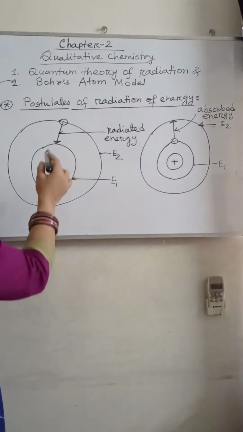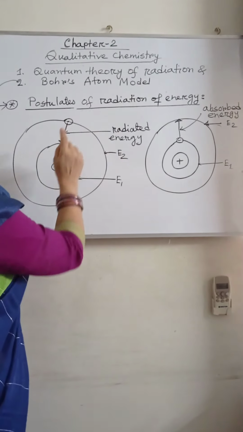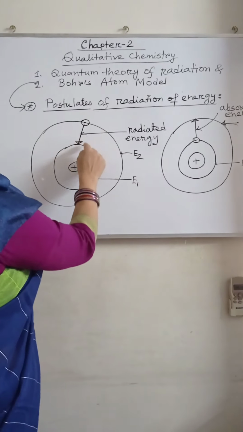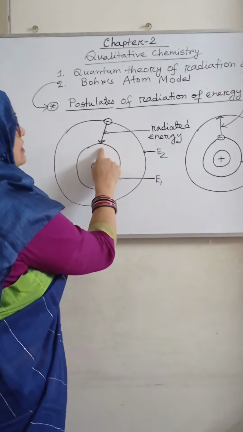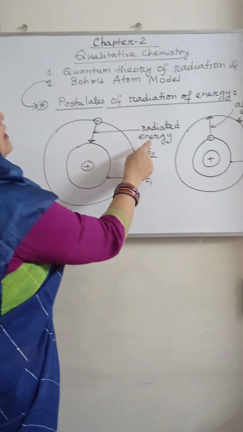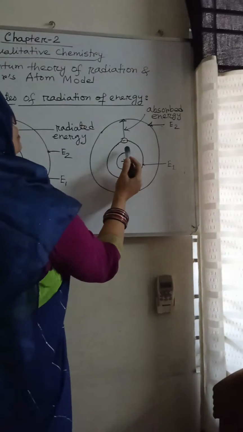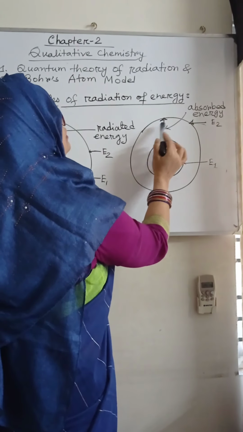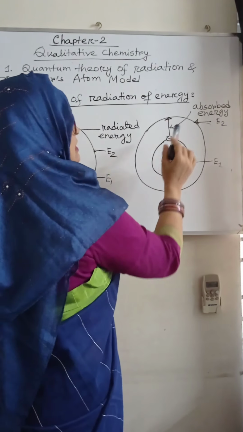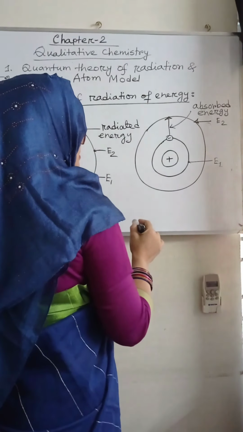So I repeat it again. When an electron jumps from a higher energy level to a lower energy level, then it radiates energy. And when an electron jumps from a lower energy level to a higher energy level, then it absorbs energy.